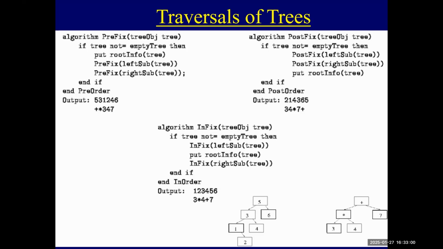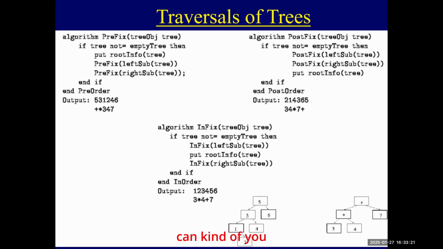Prefix is you do the root first, then the left and the right. Postfix, you do the left, the right, and the root. And infix, you put the root in the middle: left, root, right.